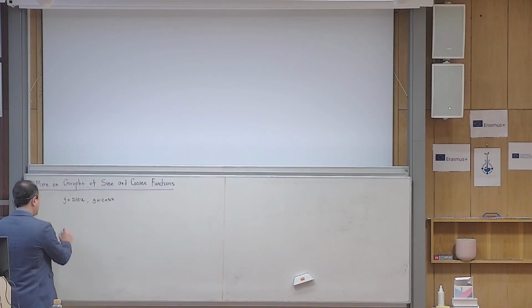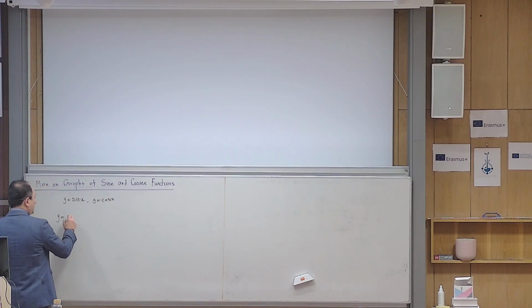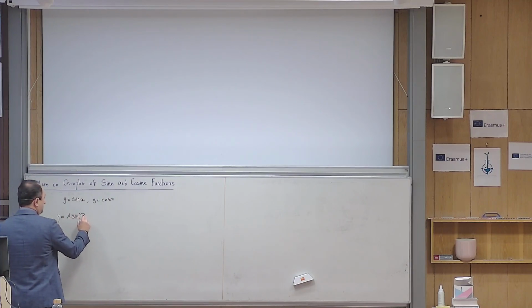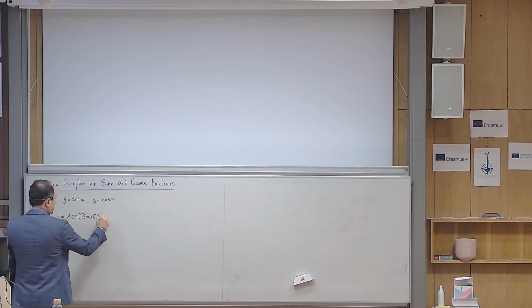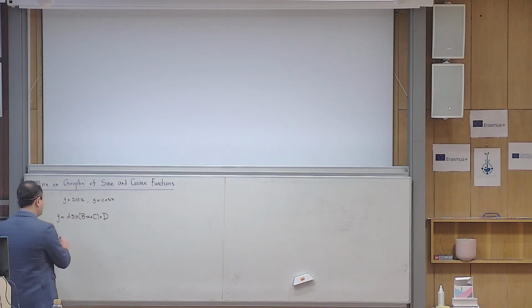In other words, I want to understand qualitatively, using the transformations that I'm going to talk about, the graph of this function, in which a, b, c, and d are constants. And I want to know, of course, something similar for this function. So I would say that these are general sine and cosine functions.